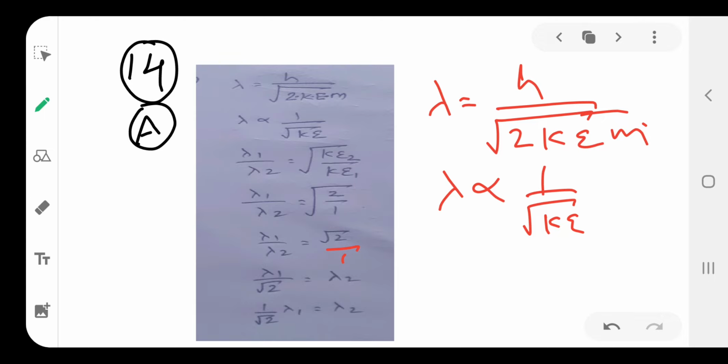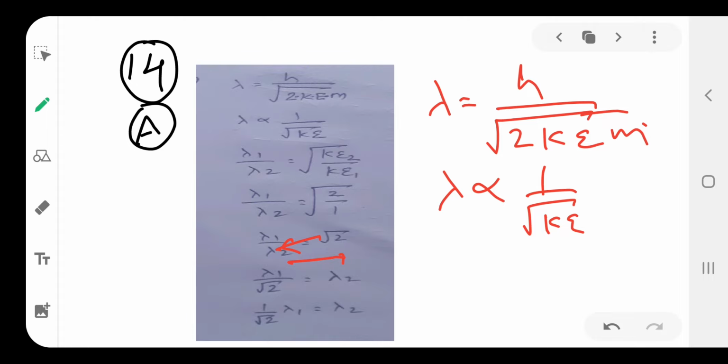Therefore, by cross multiplication, lambda 2 comes to this one side, then root 2 comes to this one side. Lambda 1 by root 2 is equal to lambda 2.